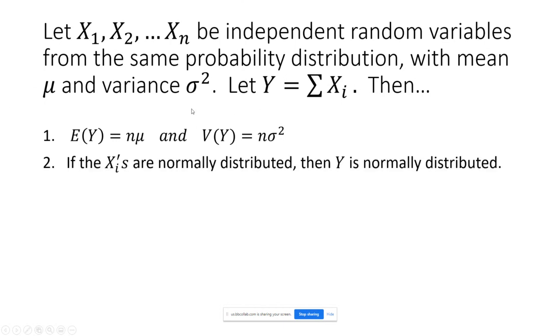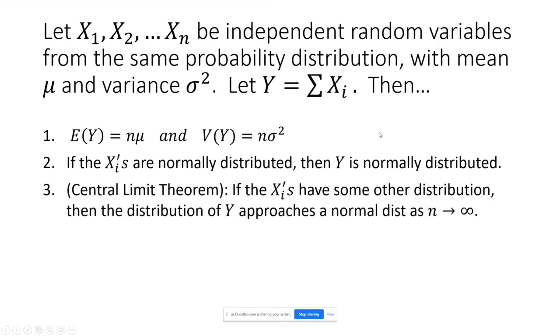Second, if the x sub i's are normally distributed, then y is also normally distributed. And finally, the property that explains the shape of the histogram we saw is what's known as the central limit theorem.